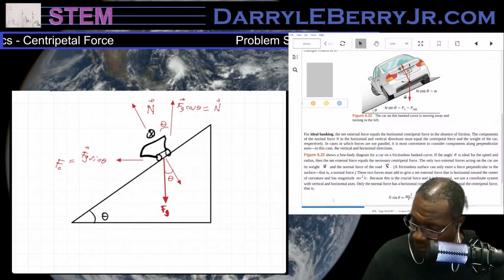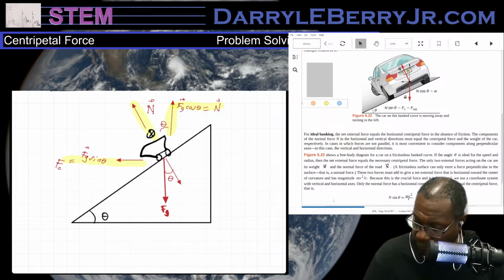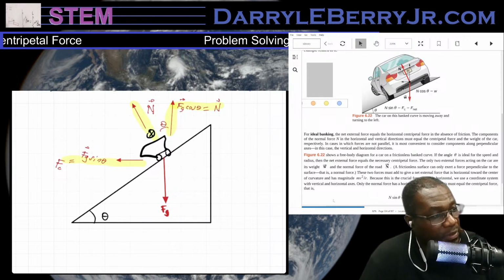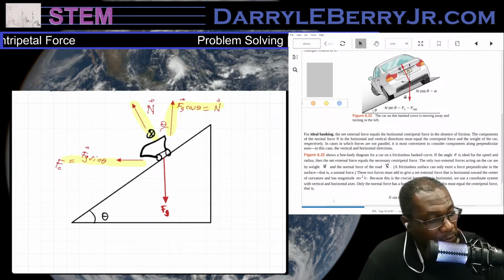So these are components of the normal force. The mass is going down, so this is what they broke up.